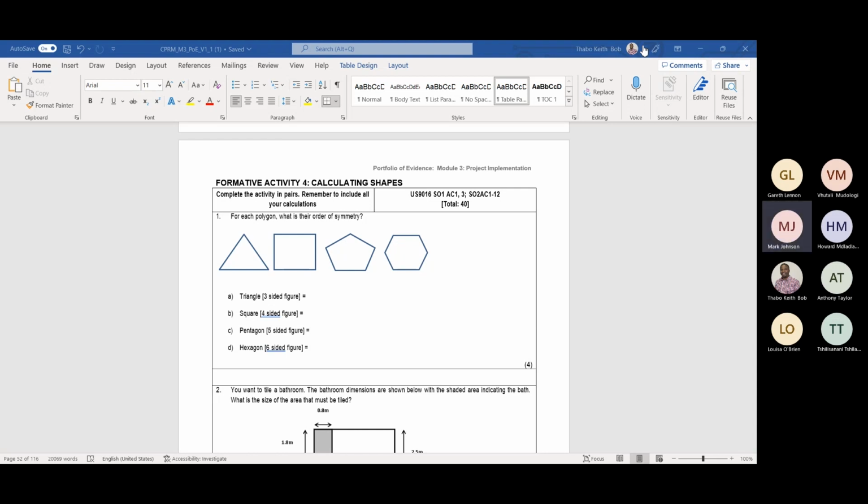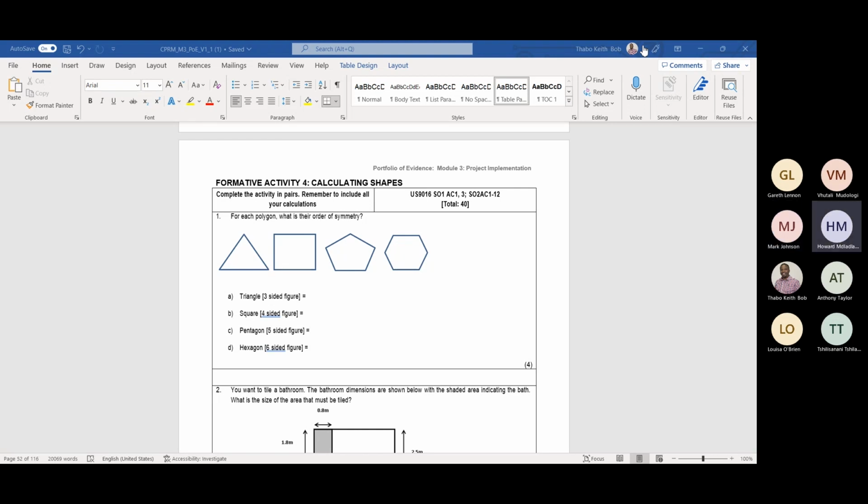I think this question, in my opinion, is not explicit. There's some assumption that they're talking about tiling the entire area, or that you're not going to tile under the bath. So we need to decide what area they are talking about.